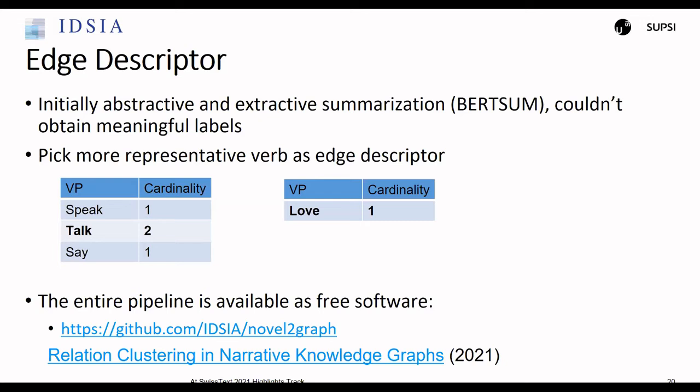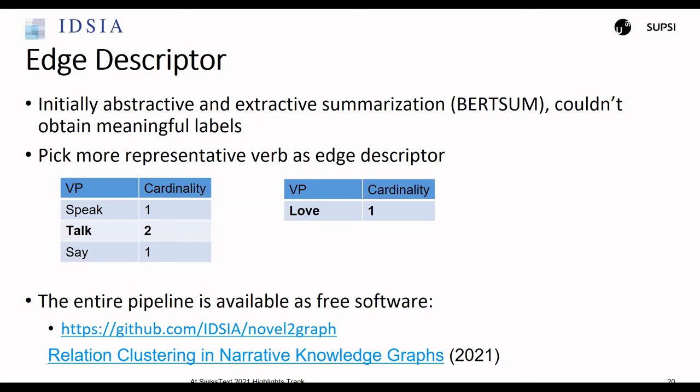So we used a very simple approach, where we just took the verb which has the maximum frequency in the cluster. But even though it's a very naive approach, it actually helped us to formulate some of the relations in a nice way.